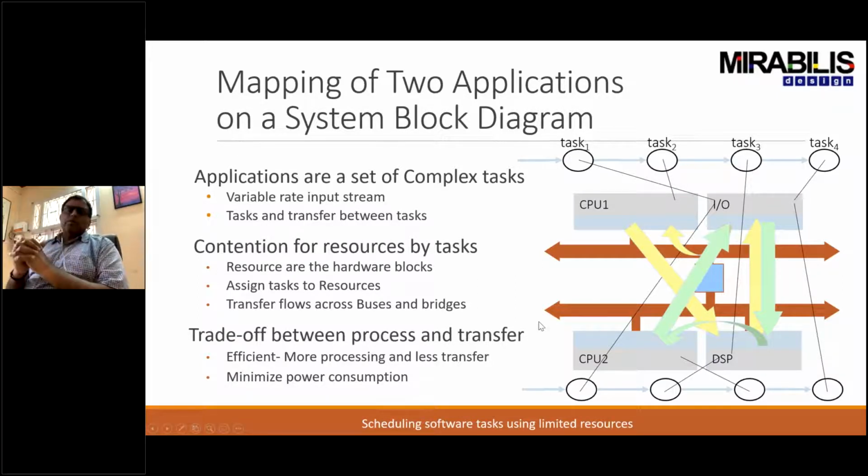Now, what are we trying to do with this kind of a model? We're trying to figure out how I can increase the processing time versus the transfer time. Processing time is the execution on the resources, and transfer time is the time that goes on the buses, bridges, maybe IOs, interfaces like PCI Express, for example, going to memory accesses, things like that.